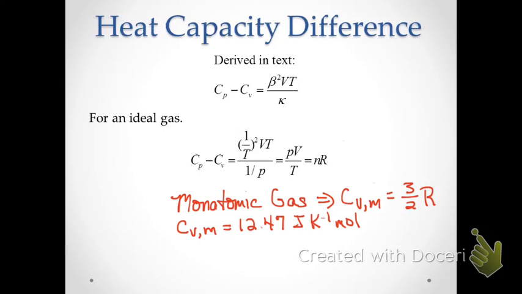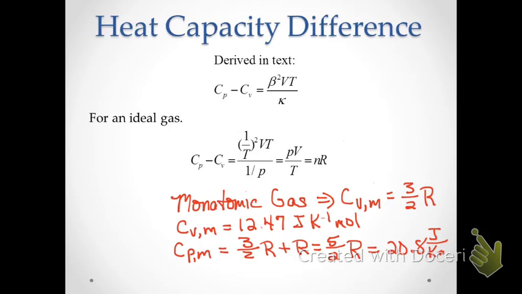Compare that to the constant pressure heat capacity, which is 3/2 R, the constant volume heat capacity, plus R, as indicated above, which makes it 5/2 R, and that's 20.8 joules per Kelvin per mole. There's a significant difference in the case of the monatomic gas between the constant volume and constant pressure heat capacity.